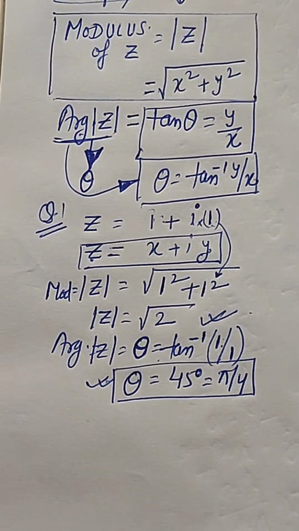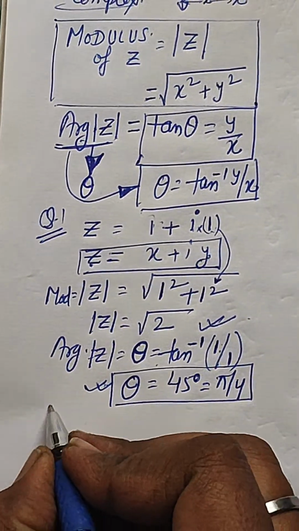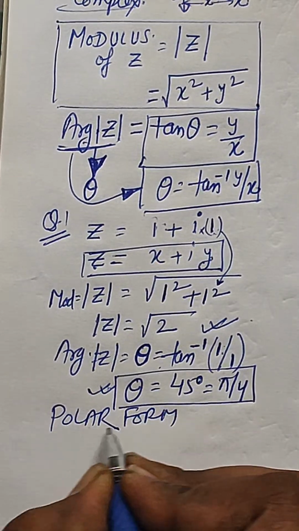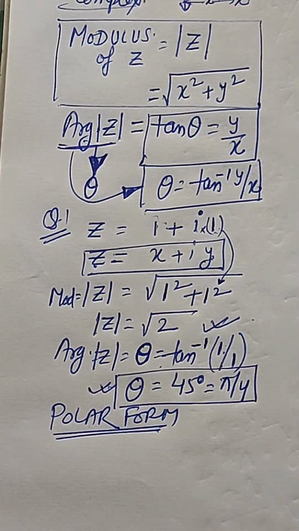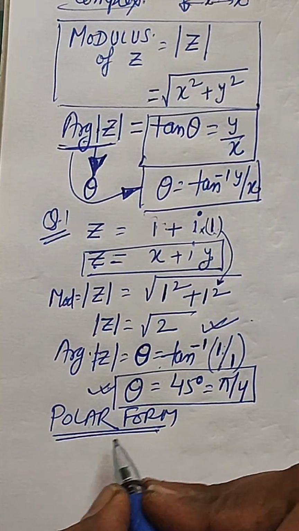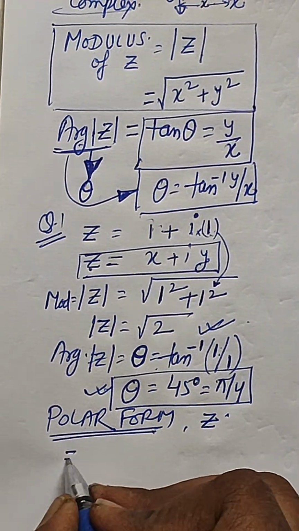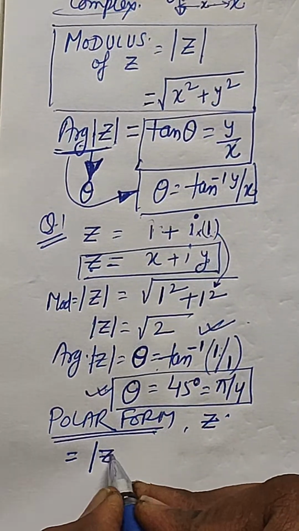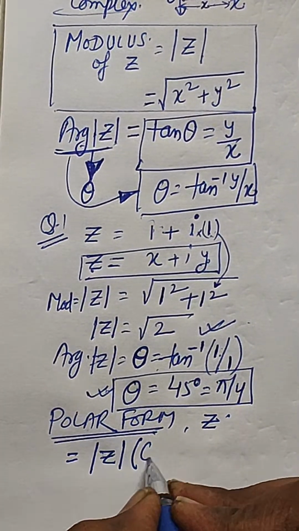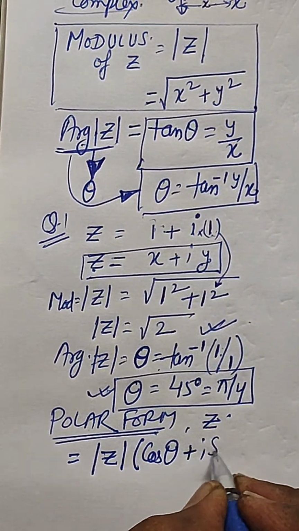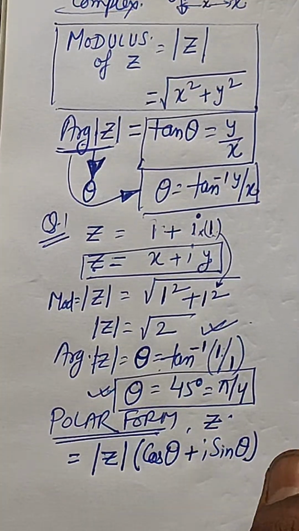Okay, to represent it in polar form, what is the polar form? To represent the above complex number in its polar form, if you remember, the polar form of the complex number z can be represented as modulus of z, then cos theta plus i times sin theta, right?